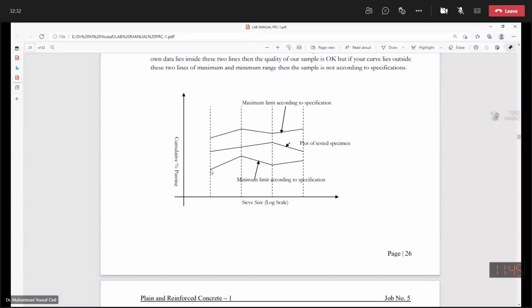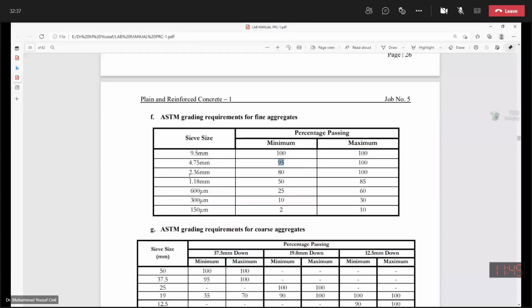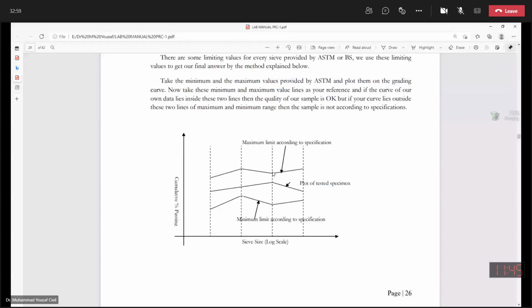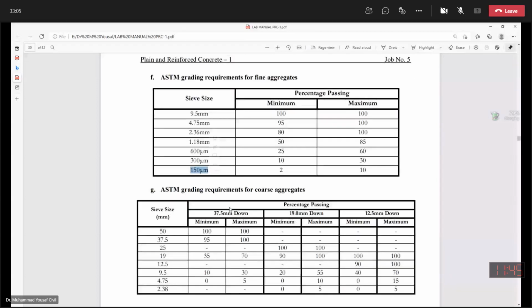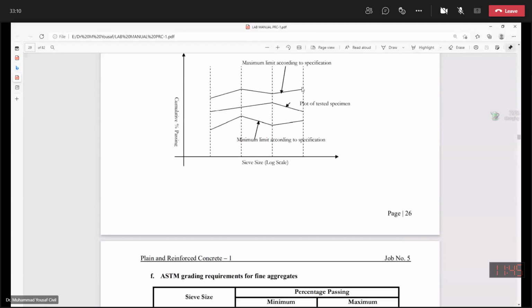Similarly, at 600 micron, the minimum value of percentage passing should be 25 and the maximum 60. Similarly, at 100 microns, it is 2 and 10. So this way, you can draw the ASTM gradation curve. These are the ASTM limit curves.